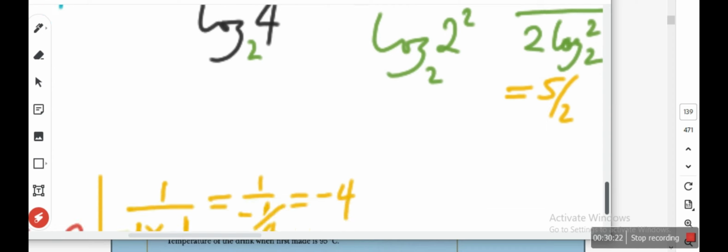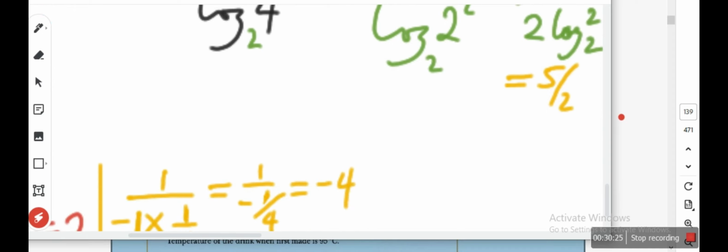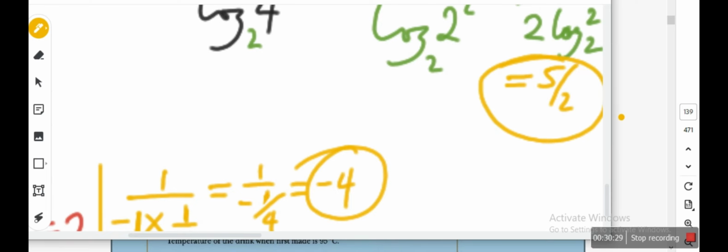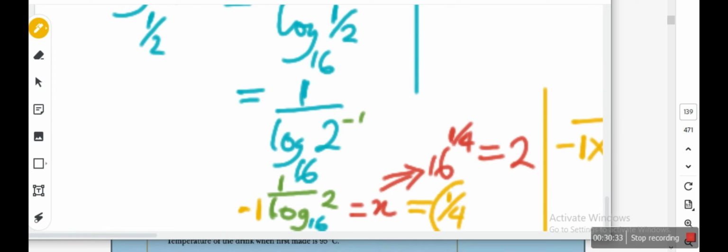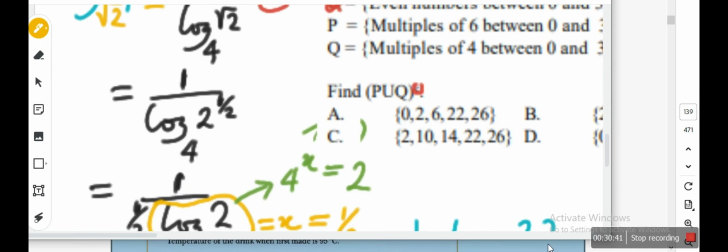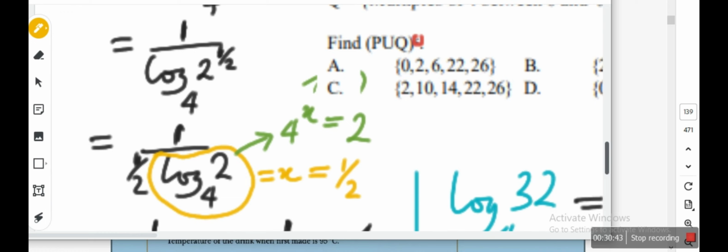So we've gotten all of them. Let me circle all of them in yellow. The first one is 4.